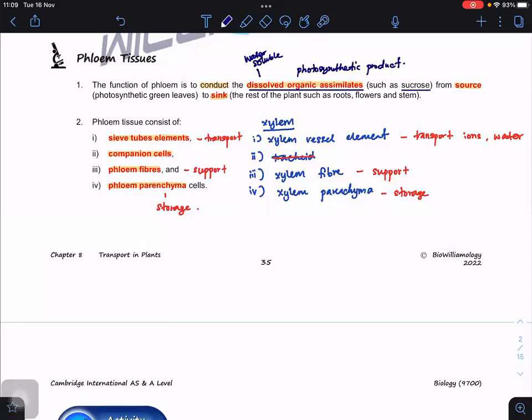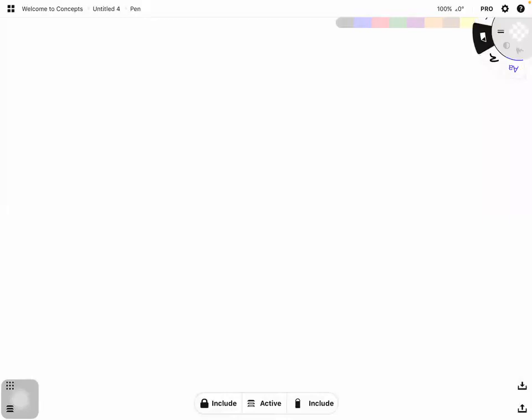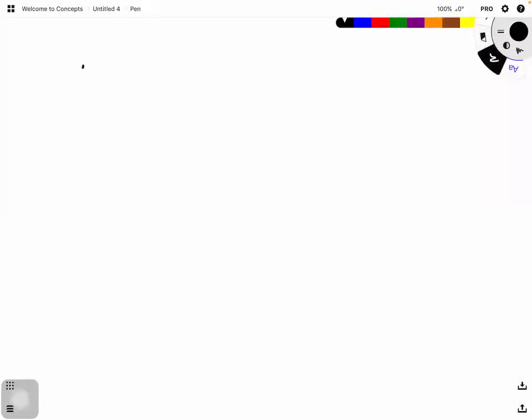So how do we identify the cells? Let us look at the sieve element. Sieve elements are initially elongated cells stacking on each other.